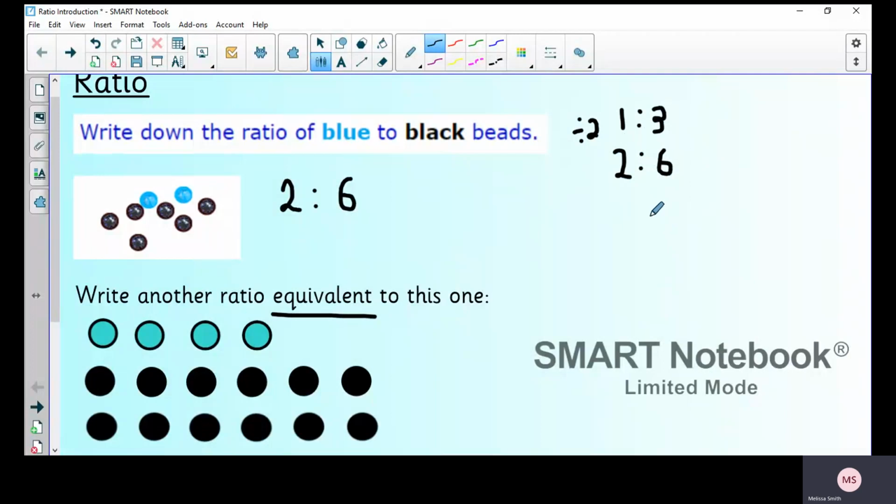You can also scale ratios up, which means that we're going to make the ratio bigger. If we're making the ratio bigger, then we do it by the same number. So let's take 2. You can times them both by 2. 2 times 2 is 4. 6 times 2 is 12.